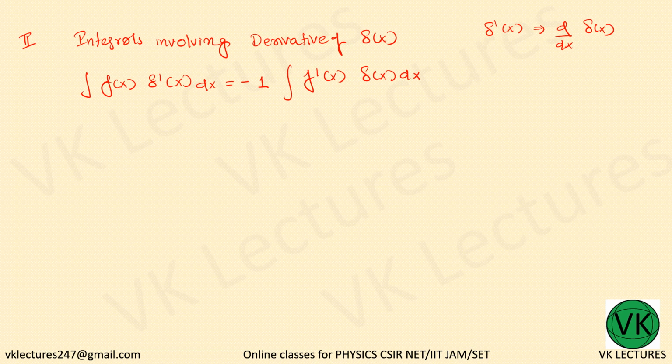Similarly, the integral of f of x delta double dash of x dx equals minus 1 squared into the integral of the second derivative of the function f of x into delta of x.